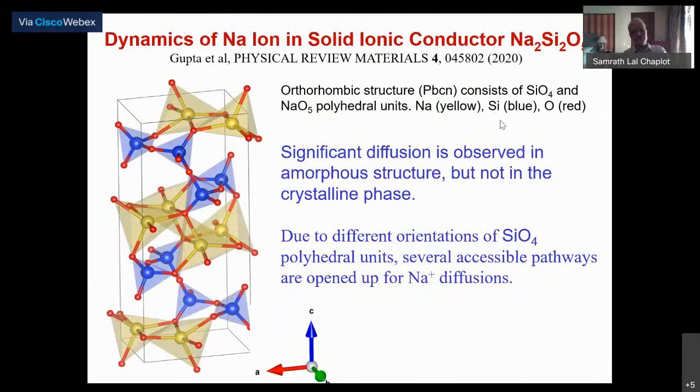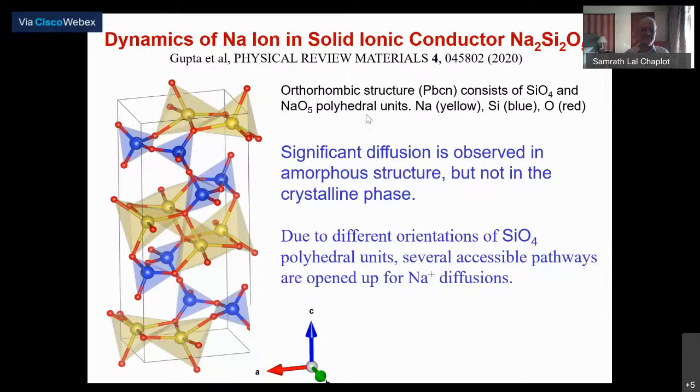So it's actually a diffusion of sodium atoms in this material. Okay, now I'll give a little bit more about this particular study of sodium diffusion in the superionic conductor I just showed you an example of. This has an orthogonal crystal structure, but when the crystal structure is so perfect, the possibilities of allowing diffusion are limited.